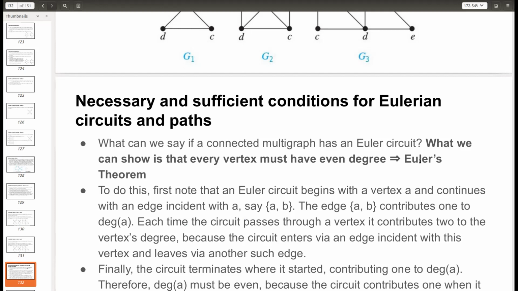And if you look at the starting vertex, since it's a circuit, if you are moving out of that node, at the end you need to enter it. So as a result, all the degrees will always be even. Whenever you enter a vertex, you necessarily need to move out that many times. And that was the result proved by the famous mathematician Euler.